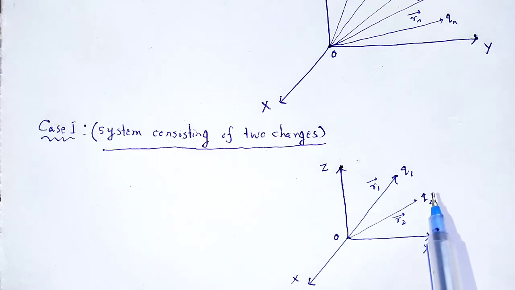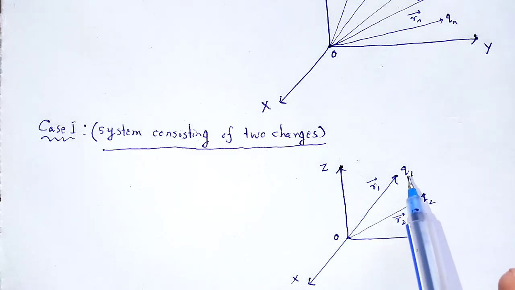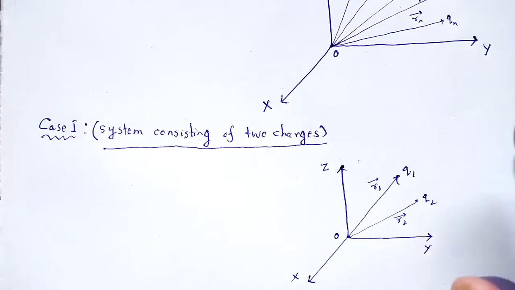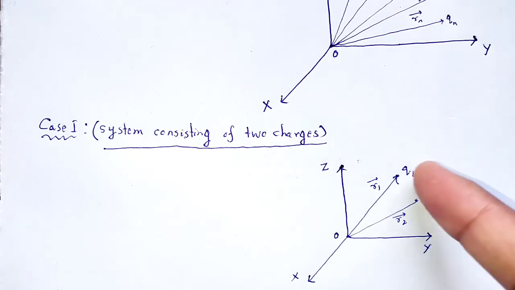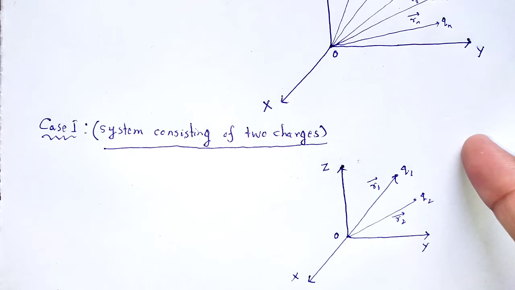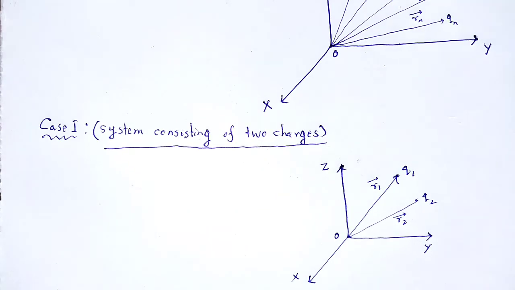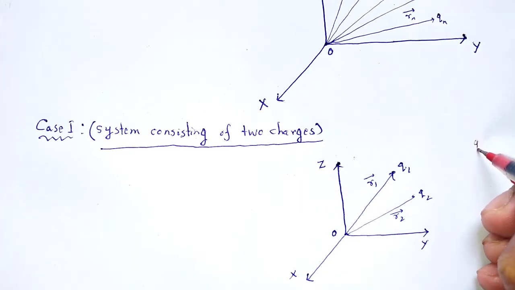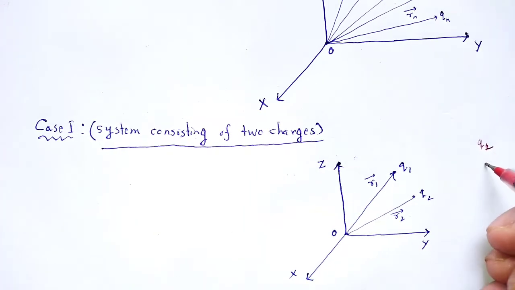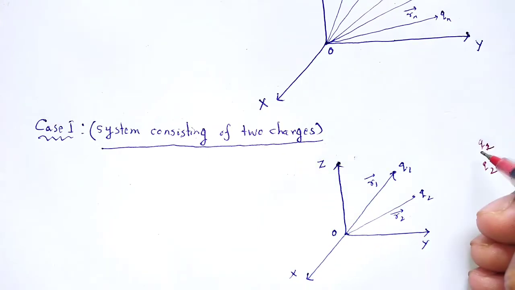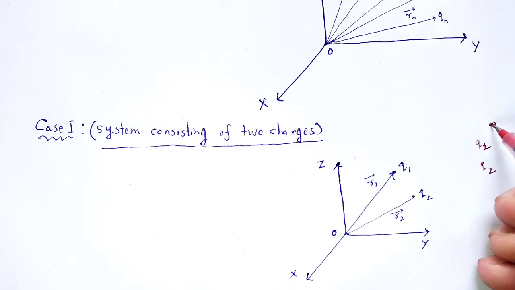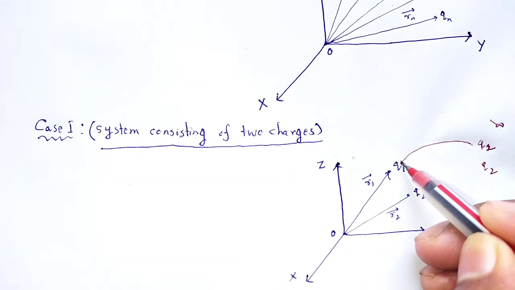First remove the two charges, q1 and q2, and place them at infinity. Now move the charge q1 from infinity to its respective position, the position vector r1.